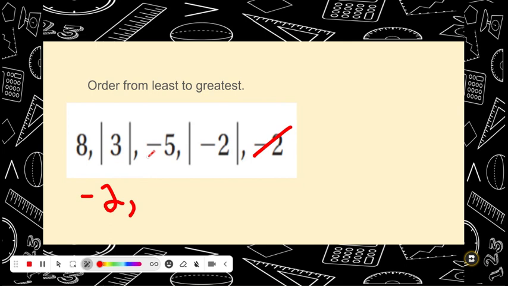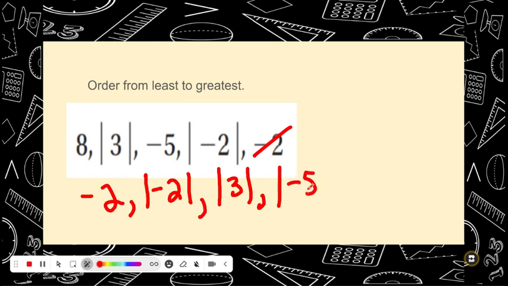Absolute value of negative 2. Then we do the absolute value of 3. And the absolute value of negative 5. And then we have plain old 8. So you have to go back and put the original numbers in.